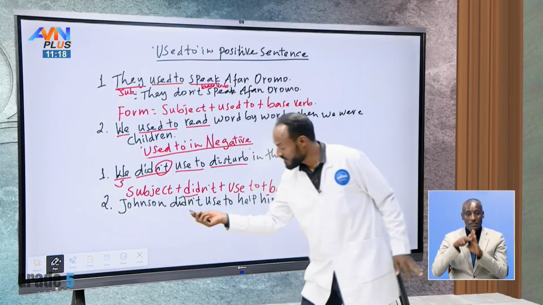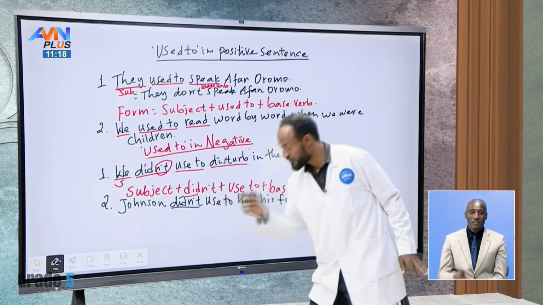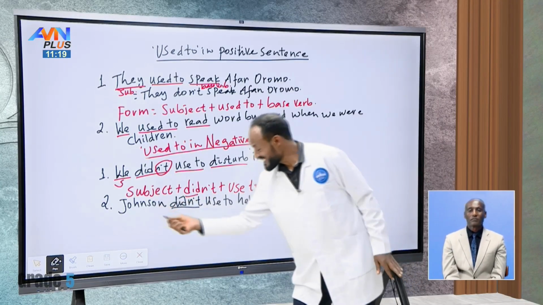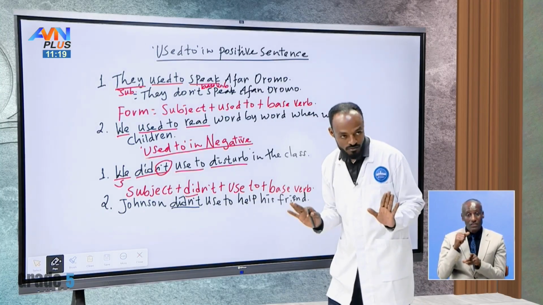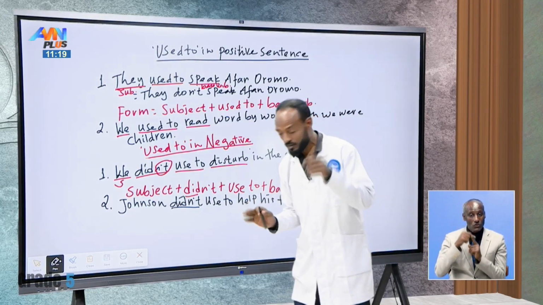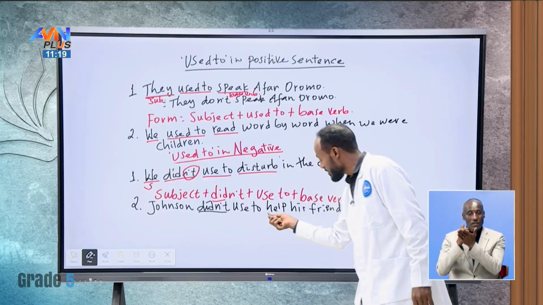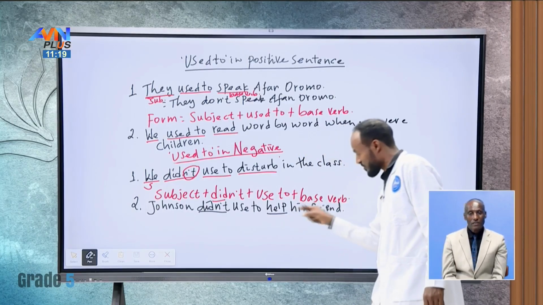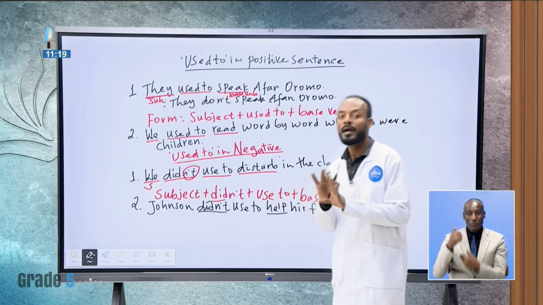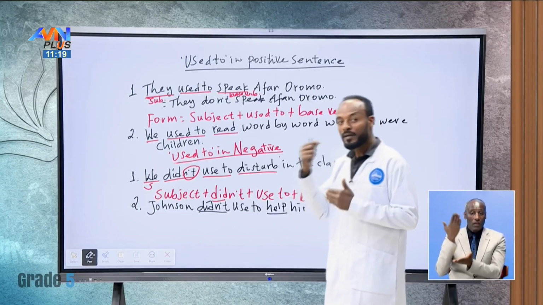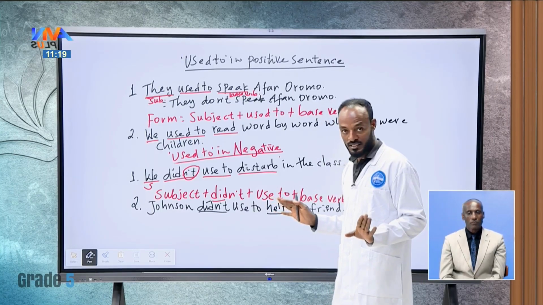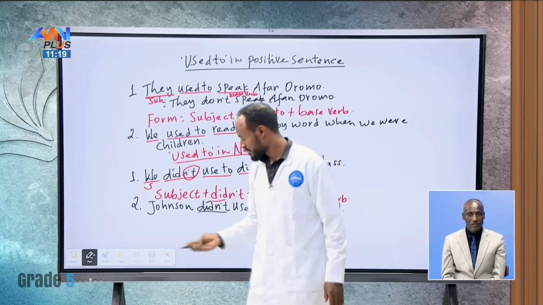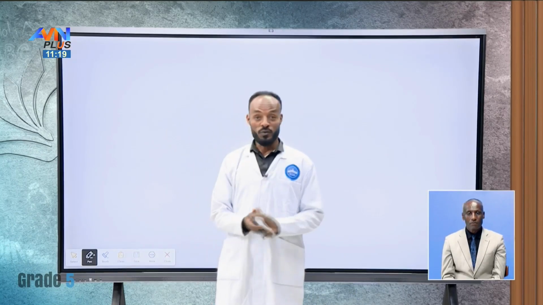Because here is the negative indicator, didn't. Johnson didn't use to. We cannot say used to. Am I okay? Good. Use to plus base verb, help. We cannot say helped or helps. And helping is also impossible. Is that clear? Nice, I hope it's clear for you.